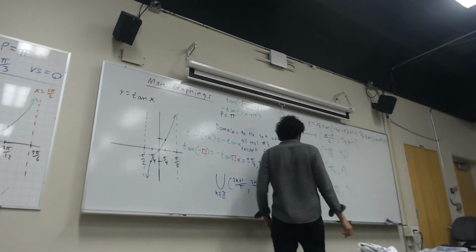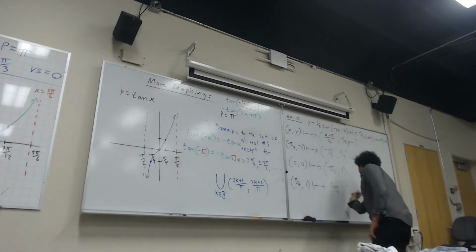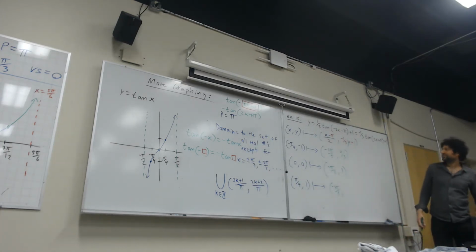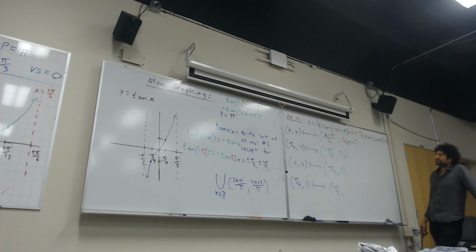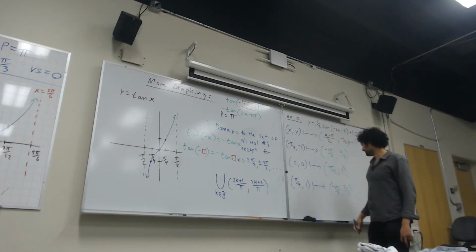And what's the other coordinate? It's going to be negative 1/3 plus 1, so 1 minus 1/3 is 2/3.